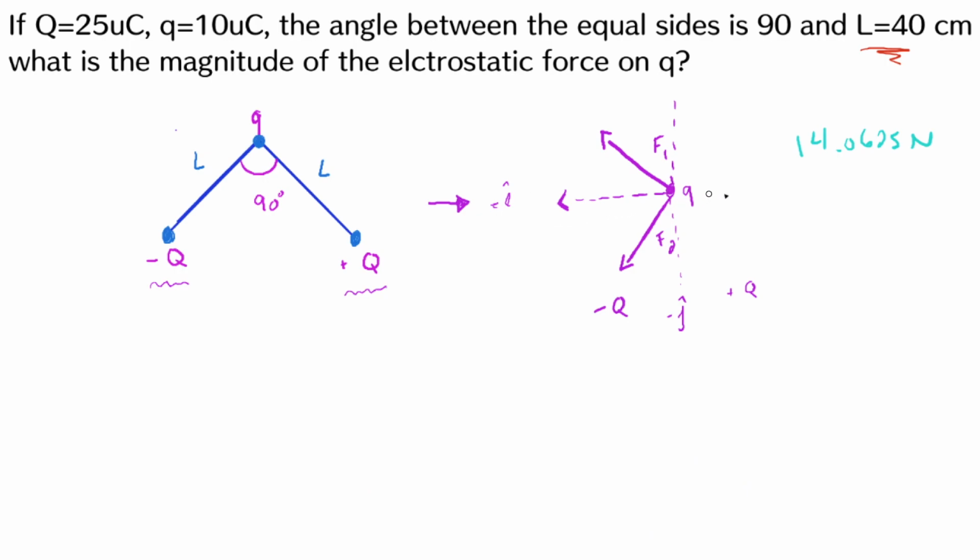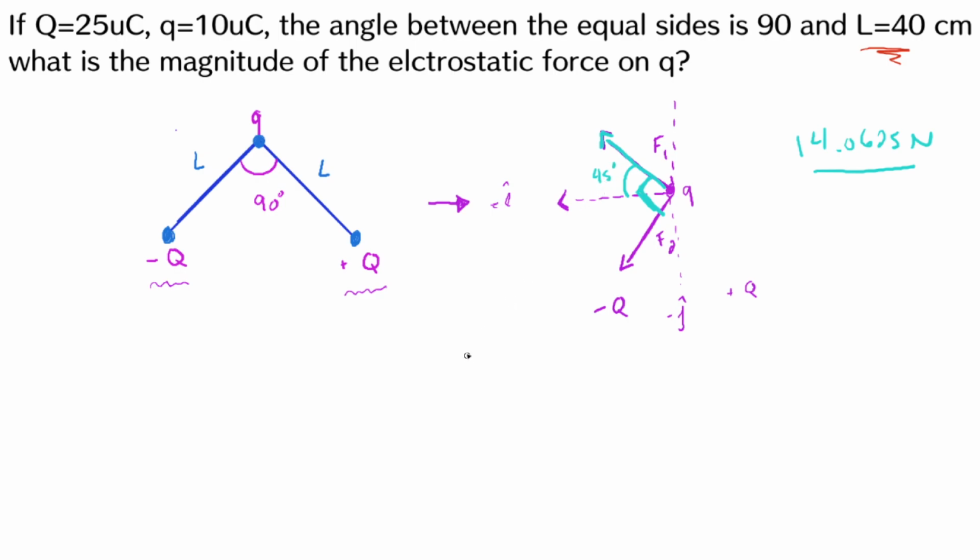Now remember, there are two components to this, because this 14.0625 is this force. I need to find the components of it. But luckily for me, I know what my angle is, because I know that the angle between these two is 90 degrees, meaning the angle here is 45 degrees, because 90 divided by 2 is 45.